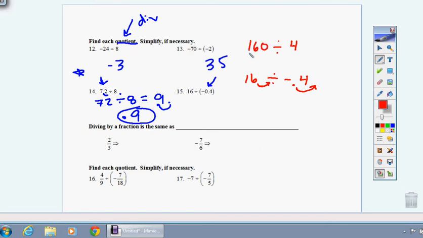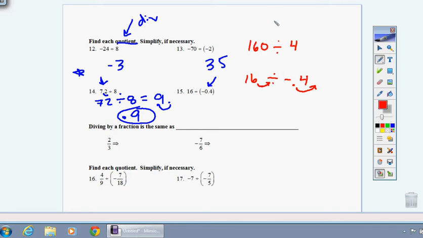So here I have 160 divided by 4, because I'm moving the decimal over here and here. Now, since I moved the decimal over on both of them, I don't have to move the decimal back at the end. The only reason I had to do that over here is because I only moved it on one. But if the decimal is second, like it is here, you have to move it over here and here.